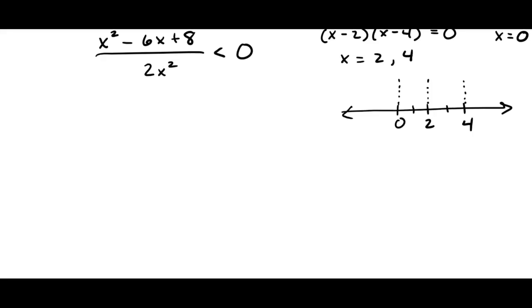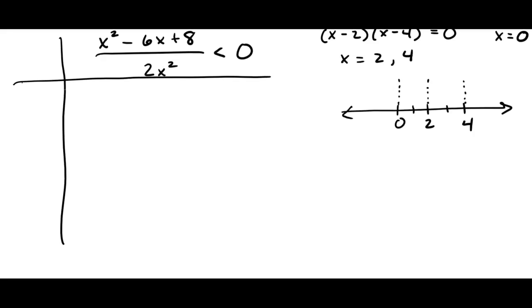Okay, so here come my test points. We'll just write it up here. And so we're testing. I need a number less than 0, so a negative number. Negative 1.